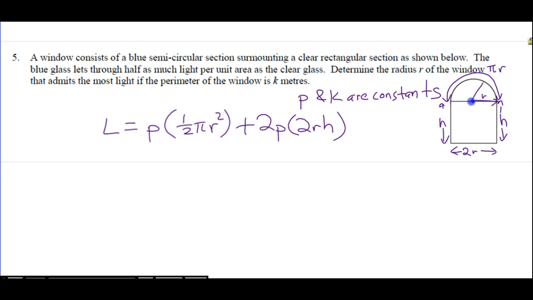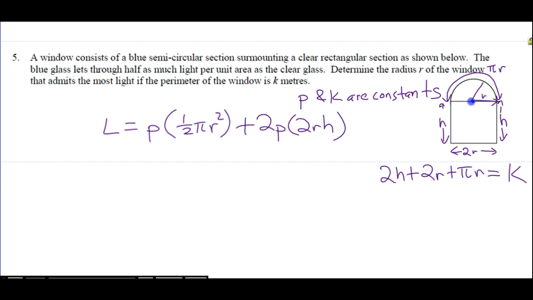Now, if the perimeter is K, then we know that we've got 2 H's, 2 R's, and a pi r. So 2H plus 2R plus pi r is equal to K. Okay, so that's our perimeter. So we got H, this is 2R, because that's R, so then this length is 2R, that'd be the diameter of the circle there.